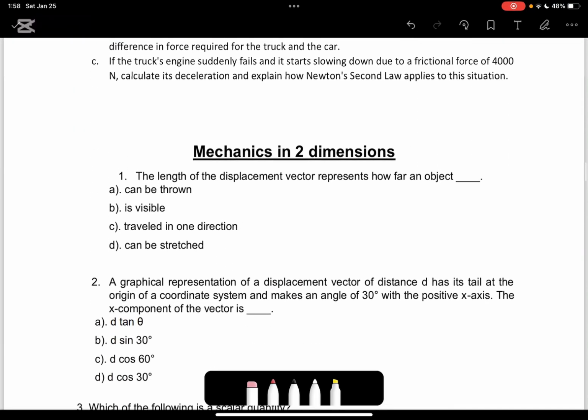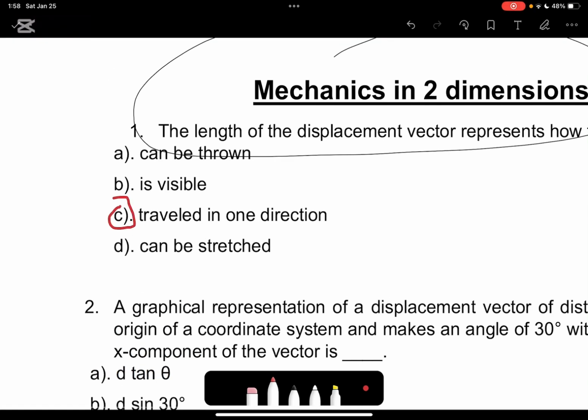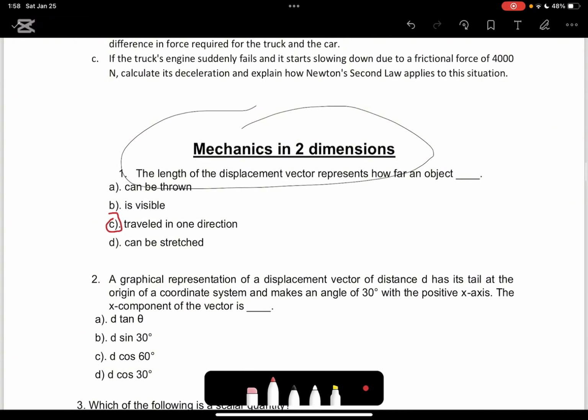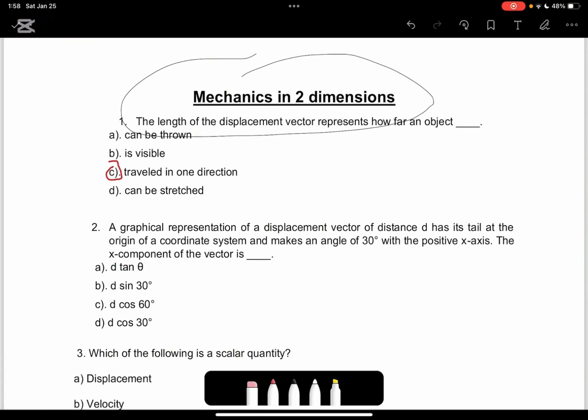Let's go down. In mechanics, in 2 dimensions, the length of the displacement vector represents how far an object has traveled. We already went through this question. A graphical representation of a displacement vector of distance d has its tail at the origin of the coordinate system, making an angle of 30 degrees with the positive x-axis.